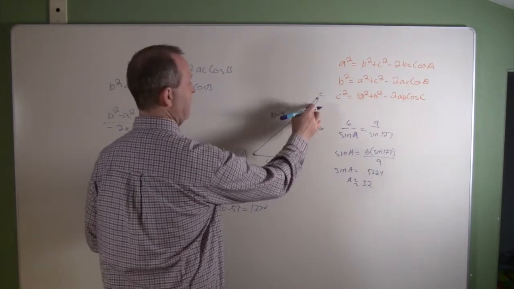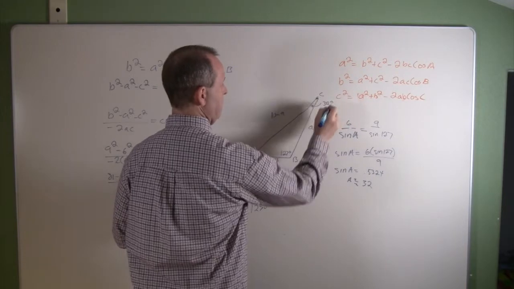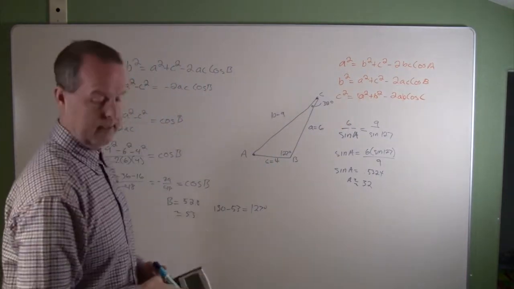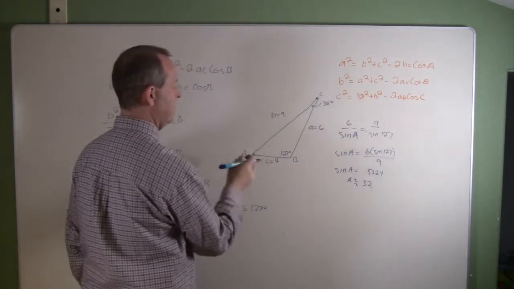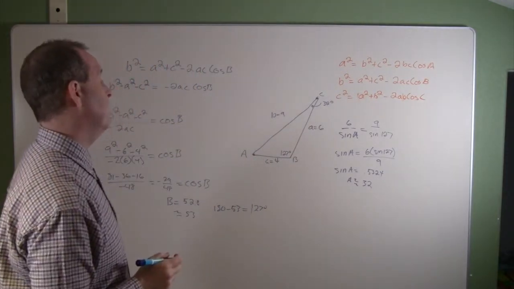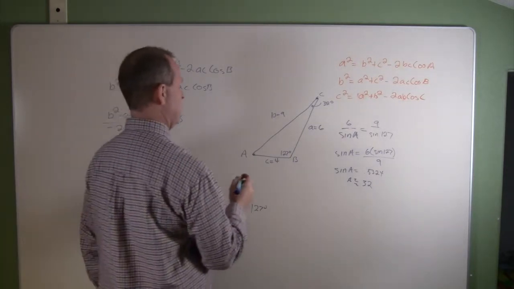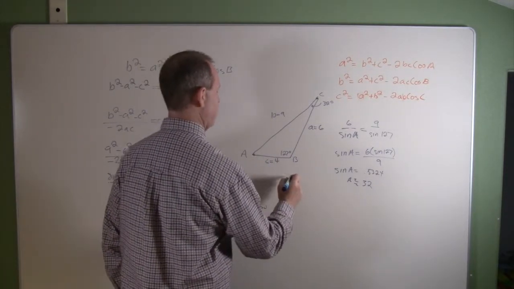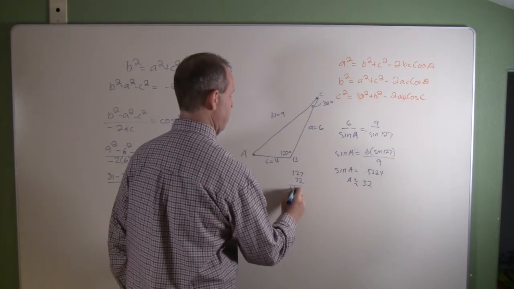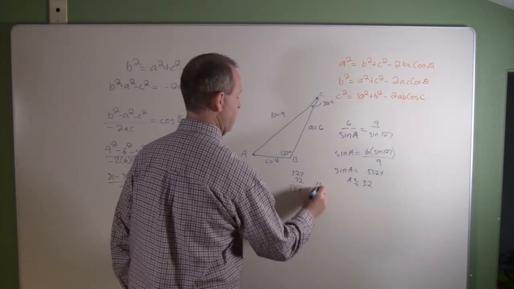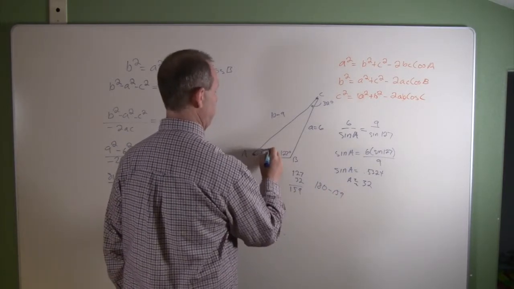So angle A up here is 32 degrees. And to find the third angle, it's 180 degrees total. So 127 plus 32 gives me 159. Sorry folks, I need to add this up here. 180 minus 159 gives me 21 degrees.